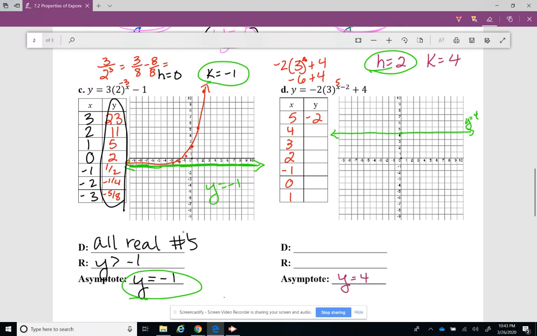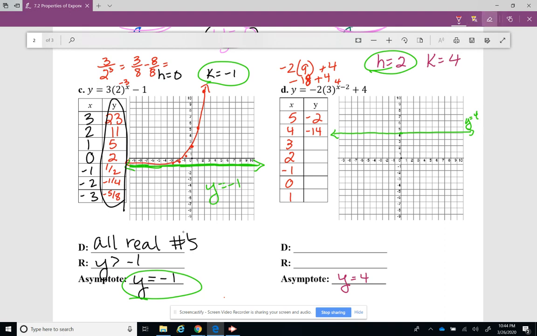All right, let's do a 4. 4 minus 2 is 2. So -2 times 3 to the 2 plus 4. Well, 3 to the 2 is going to be 9. -2 times 9 is -18. Add 4 to it, and you get -14.